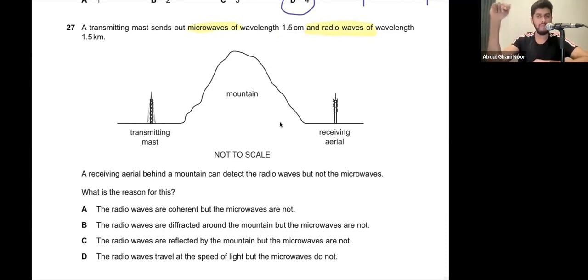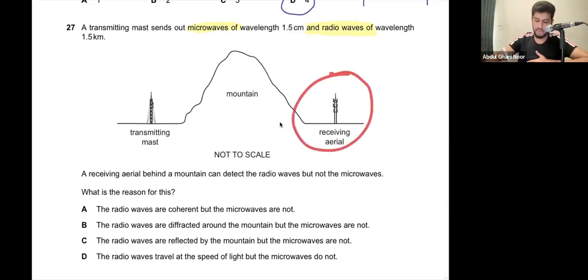Radio waves obviously have a longer wavelength of 1.5 kilometers. A receiving aerial behind the mountain can detect the radio waves but not the microwaves. What is the reason behind this? The radio waves are coherent, but microwaves are not. No, that is not the reason. Coherence has nothing to do with it. The radio waves are diffracted around the mountain, but the microwaves are not.